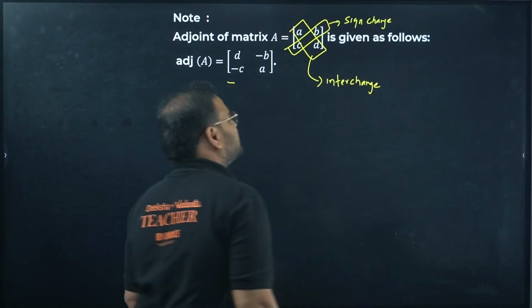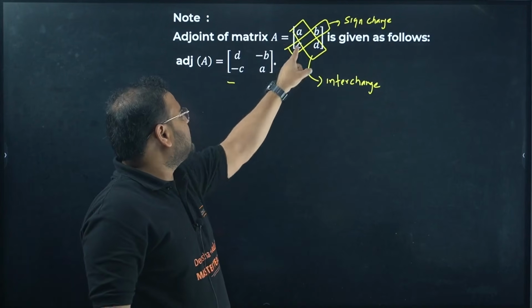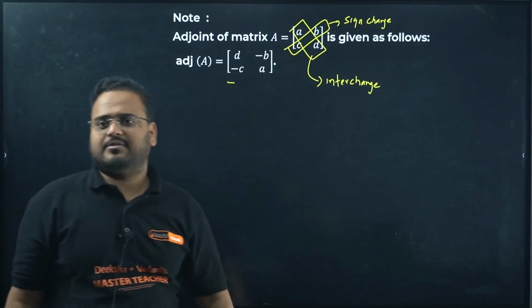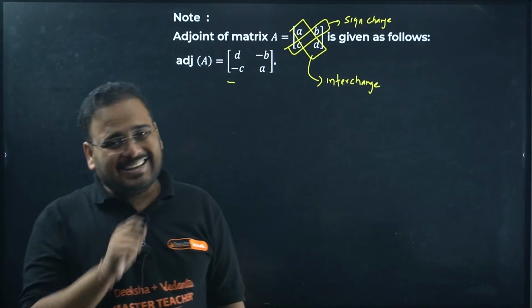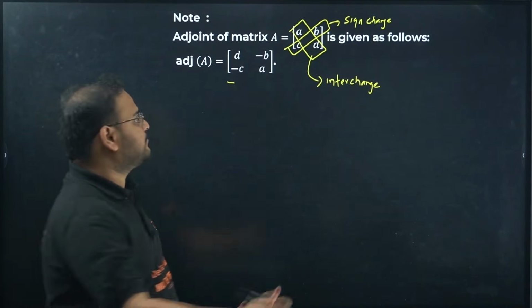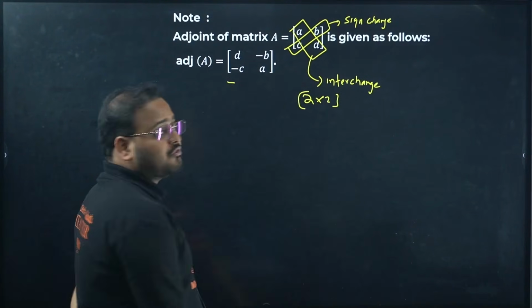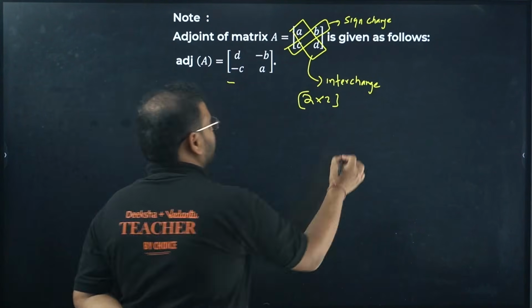Check here: in the adjoint, D goes up, A comes down, and C becomes negative and B becomes negative. So across the diagonal elements you interchange, and across the other elements you change sign, but only for a 2 cross 2 matrix. For a 3 cross 3 matrix, things change. I'll show you, don't worry.